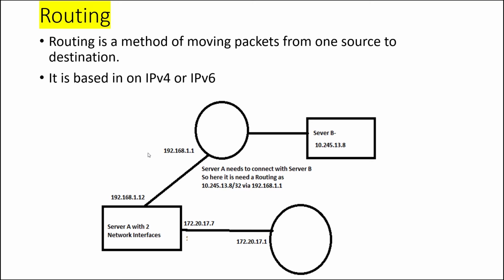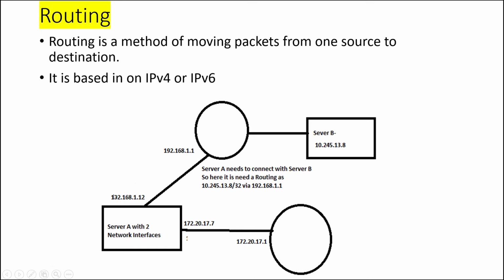If you are using a Linux server, you can add the routing using a very simple command. That command says, if you are going to reach server B, which has IP address 10.245.13.8, you should go via the 192.168.1.1 gateway.